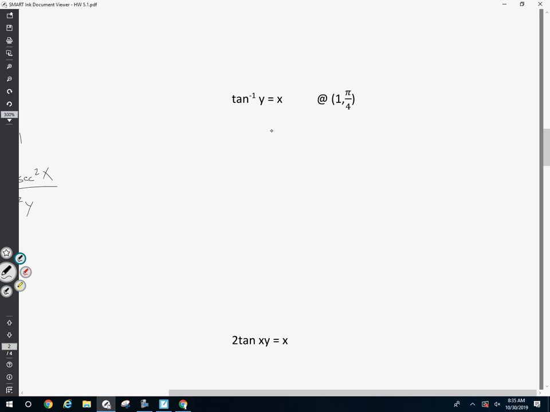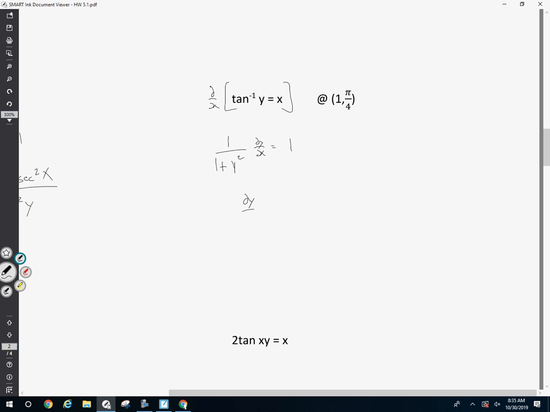All right, tan inverse y. All right, and I got a point to plug in. Let's see how that works out. Okay, tan inverse. We remember the derivative from last unit. 1 over 1 plus quantity squared times the derivative of the quantity. This would be 1 over 1 plus y squared times dy dx equals derivative of x is 1.